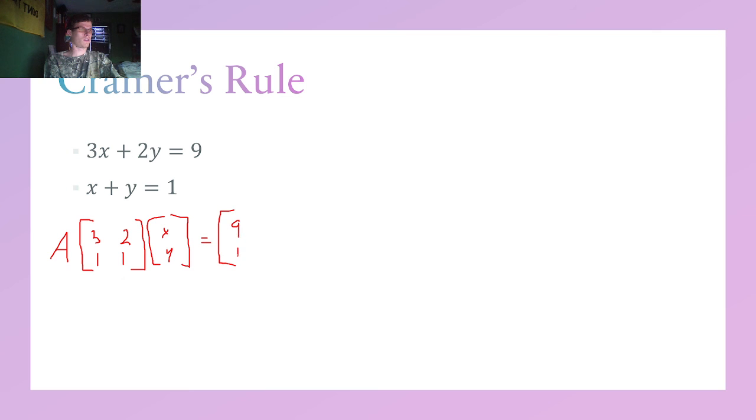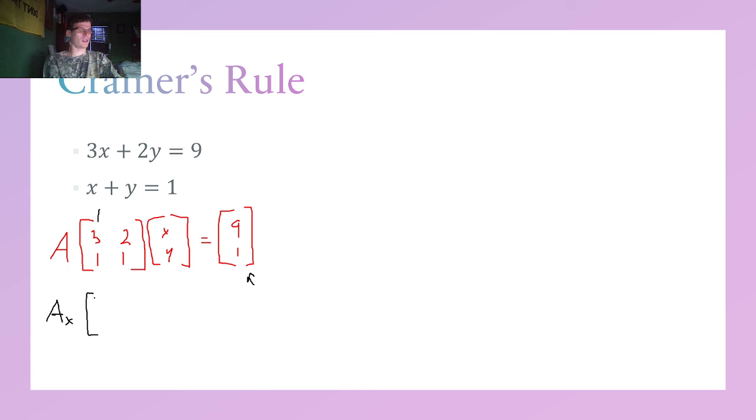9, 1. Okay? Now remember, when using Cramer's rule to find x and y, we have to create matrices for x and matrices for y. So we're going to do that real quick as well. So matrix A of x is exactly the same as this matrix up here, with the exception that you replace the x values here with the solutions.